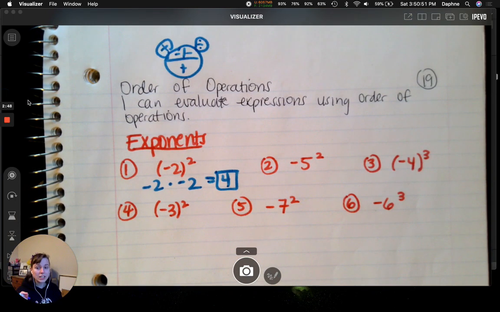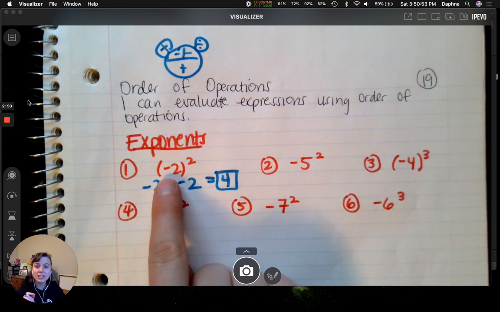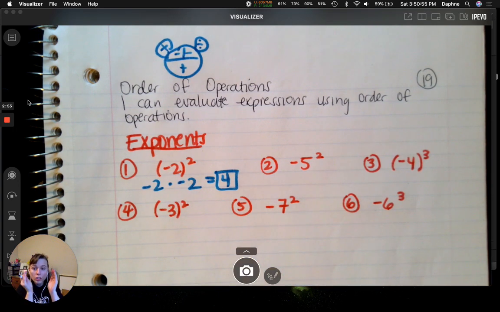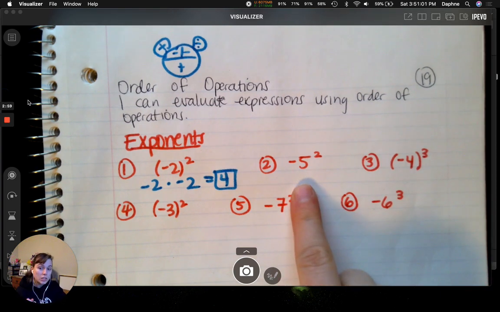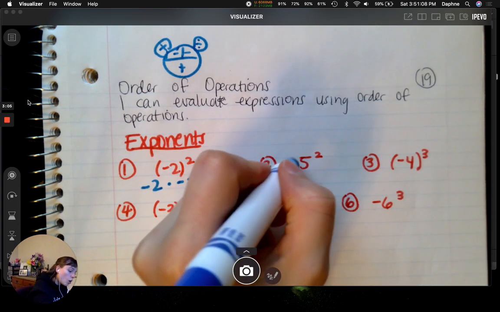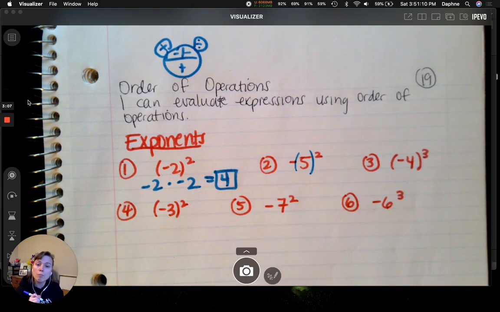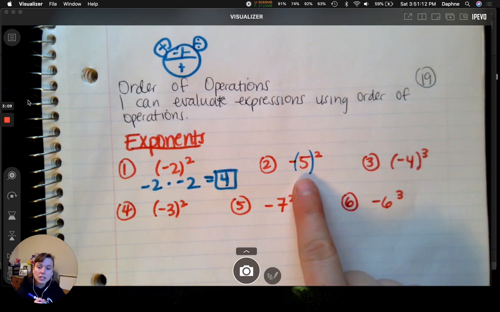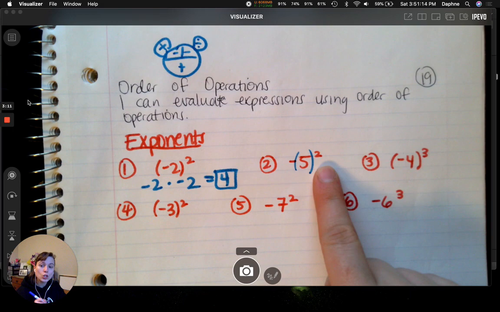Now, the parentheses were really key in this example. This is parentheses. This is all-inclusive -2 multiplied by another all-inclusive -2. When you don't see parentheses, they're invisible. They're not imaginary. They are there. They're just invisible parentheses around only the number or the base. So the base in this case is 5. The exponent is 2.